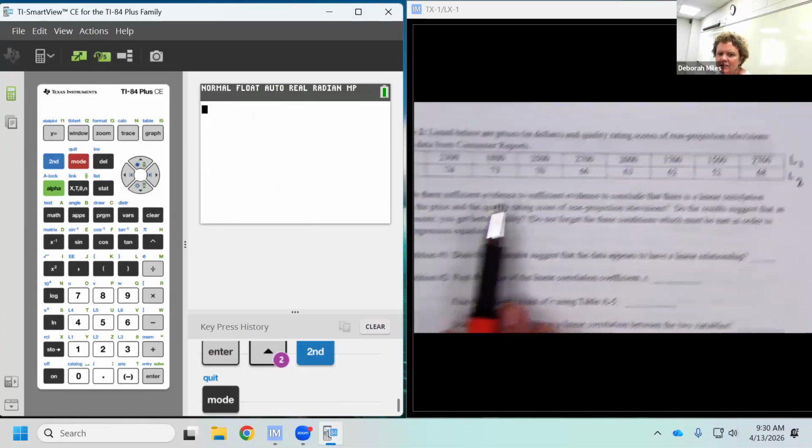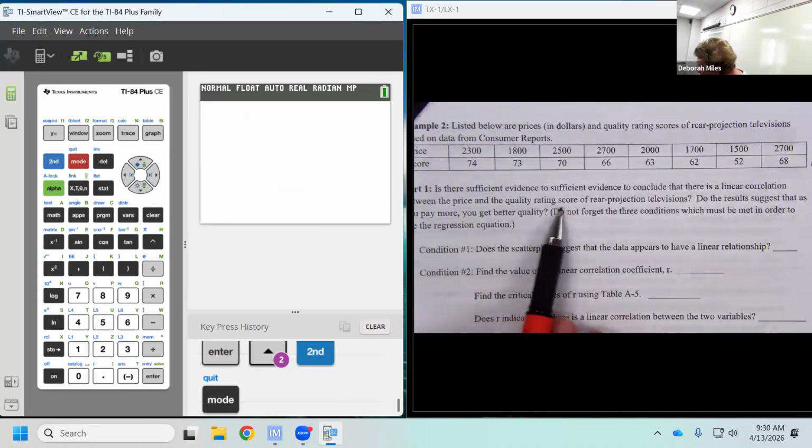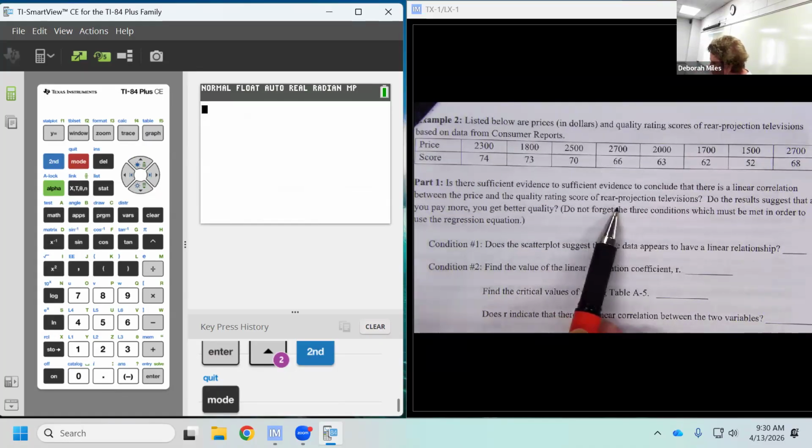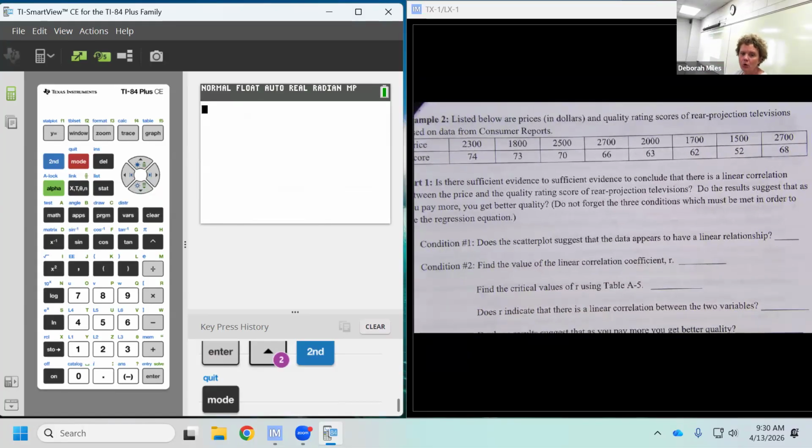Part one: is there sufficient evidence to conclude that there is a linear correlation between price and the quality rating score of rear projection televisions? Do the results suggest that the more you pay, the better quality you get? All right, number one, does the scatter plot appear to have a linear relationship? Where do I find that?